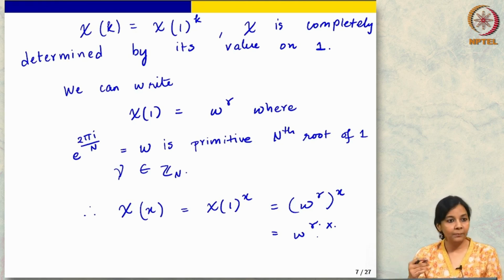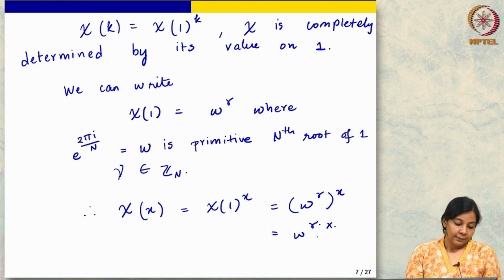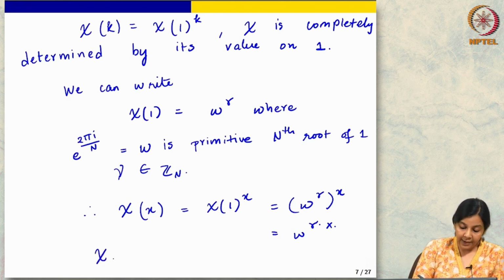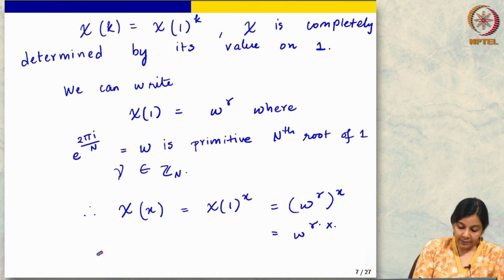So the fact that chi of 1 is an nth root of unity, right. This is one of the important things that we saw. And this implies that, okay, in fact let me do this a little more carefully.